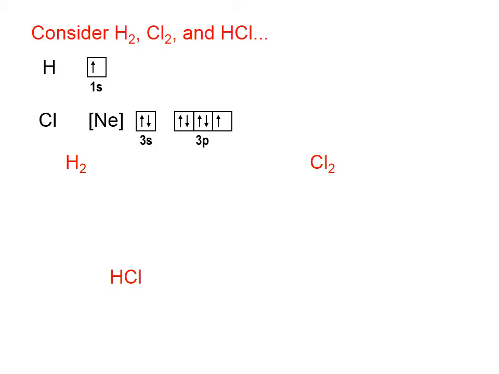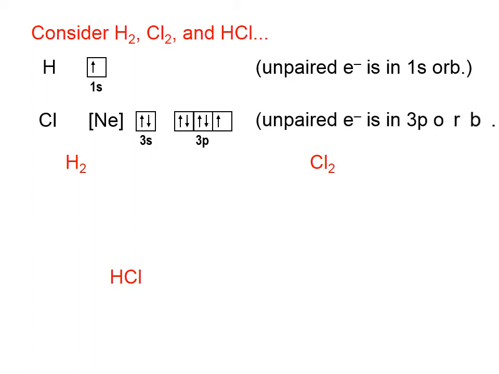And so what's going to happen, according to valence bond theory, whenever these atoms form bonds, these orbitals are going to overlap with other orbitals that also only have a single electron, and then that overlap will result in a bond. In hydrogen, we can see the unpaired electron is in the 1s orbital, and in chlorine, the unpaired electron is in the 3p orbital.